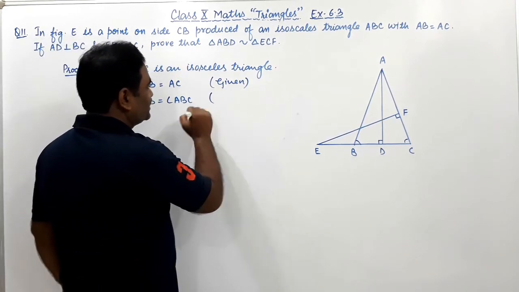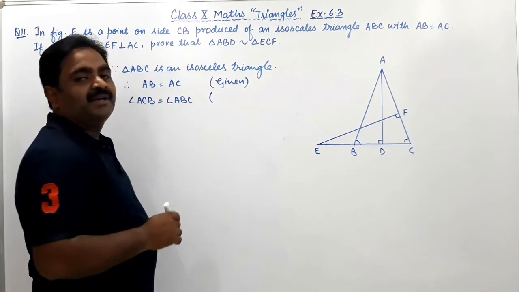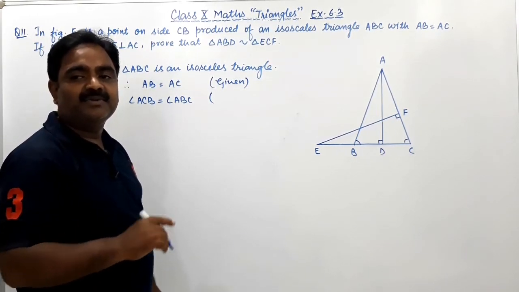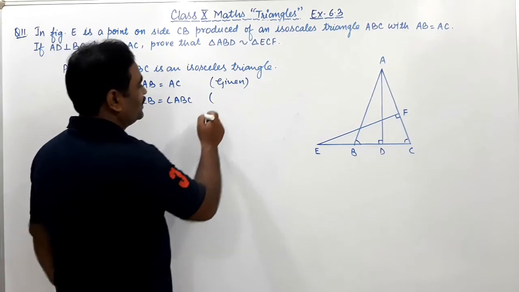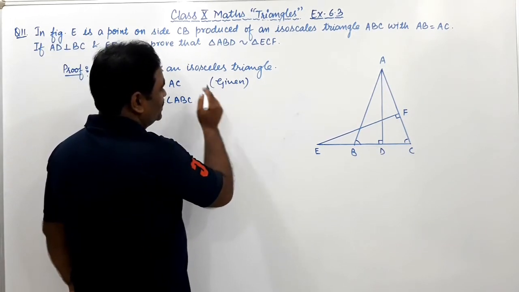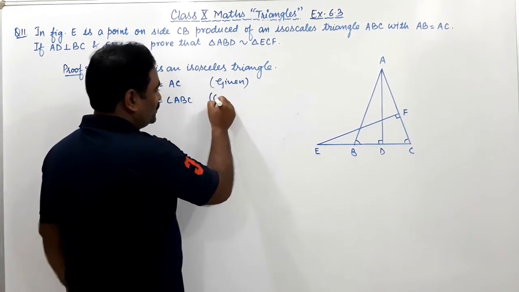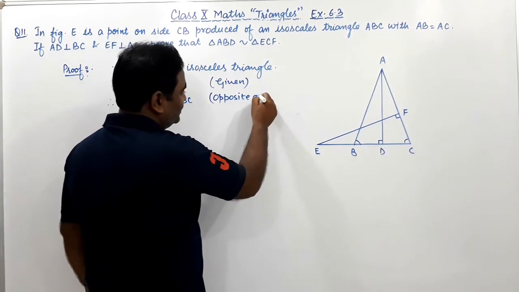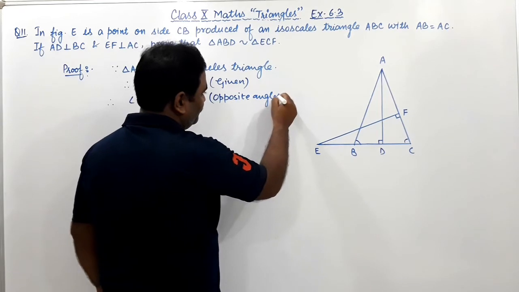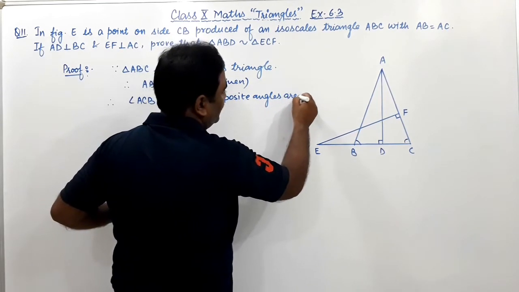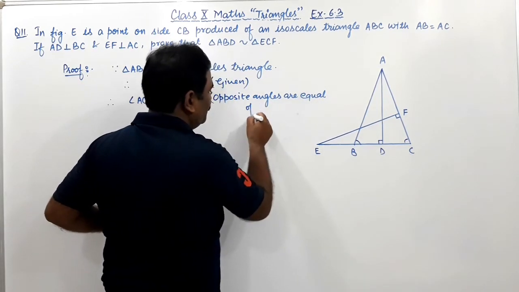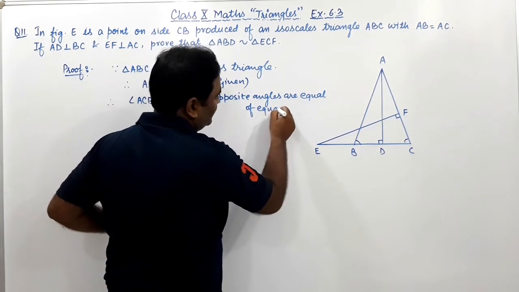So opposite angles are equal of equal sides.